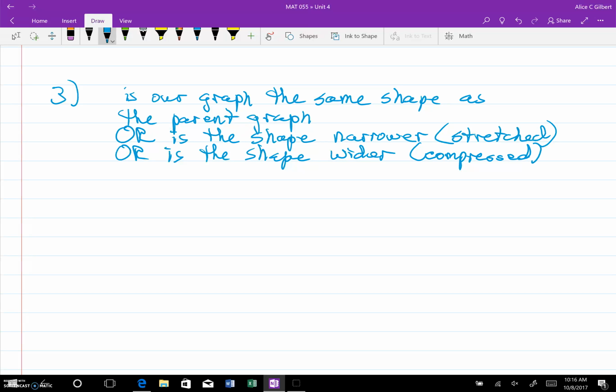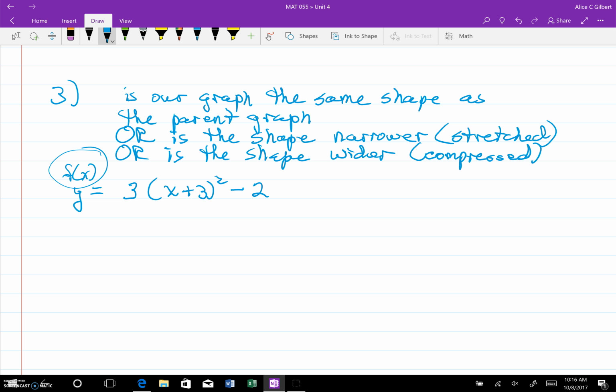So the way we know that is when we look at y equals, or f of x equals. Remember, this could be f of x or g of x or whatever. Just get used to this notation. We're going to learn about function notation later in the next unit. It could be f of x equals and then the equation, but f of x just really means y for right now.